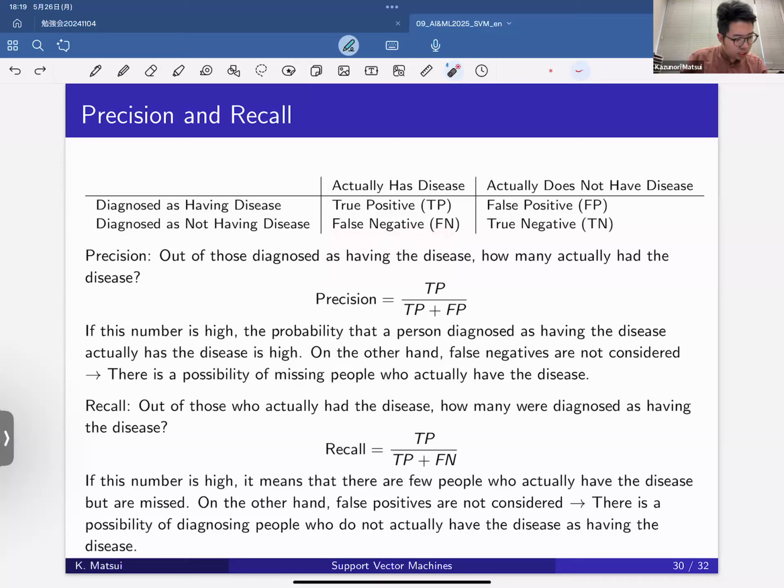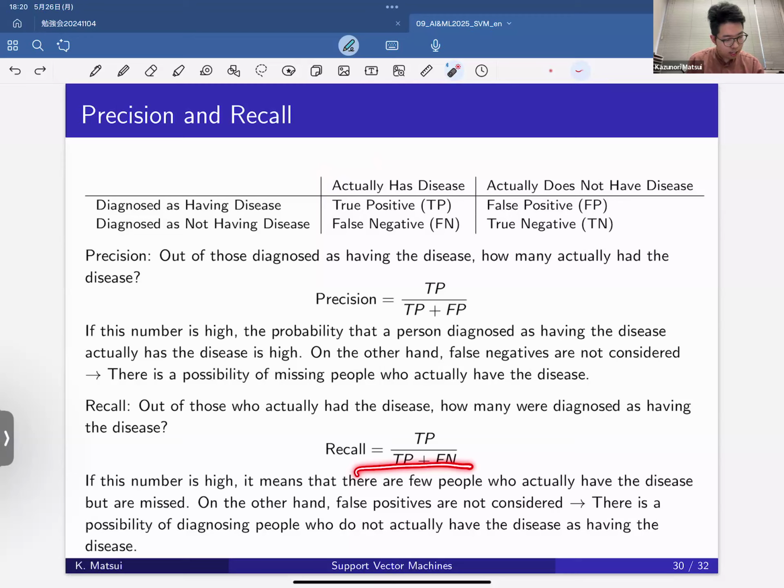Even if precision is high, there is another concept called recall. This is how many people who actually had the disease could be diagnosed as having the disease, which is TP over TP plus FN. So this is the proportion judged as positive among people who actually had the disease.